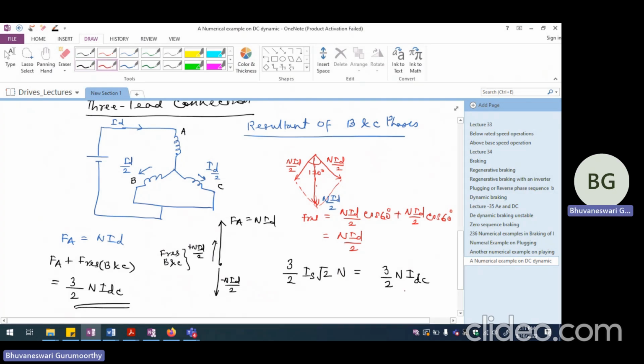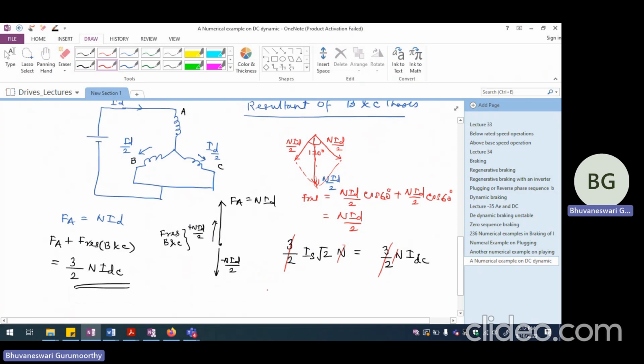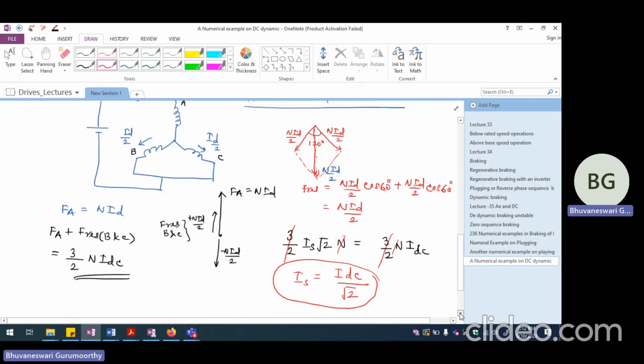So now we should be able to cancel this 3 by 2 with this 3 by 2, and this N is cancelled out with this N. So I should say if the per phase RMS current in the case of a 3-phase balanced supply is IDC divided by 2 root 2, then we are going to develop the same strength magnetic field as that of the DC dynamic braking in 3-lead connection. So the 3-lead connection actually gives a current equivalent of IS equal to IDC divided by root 2.